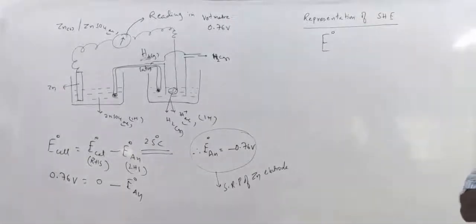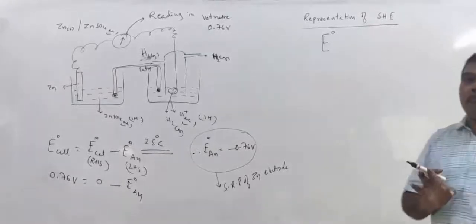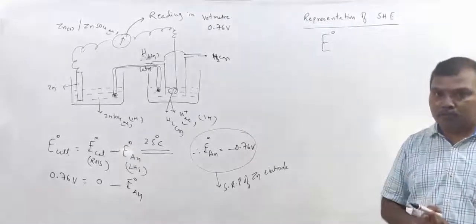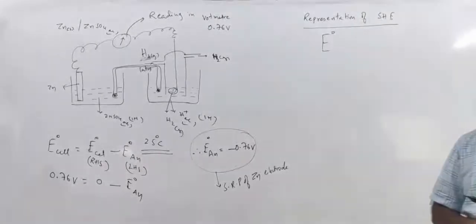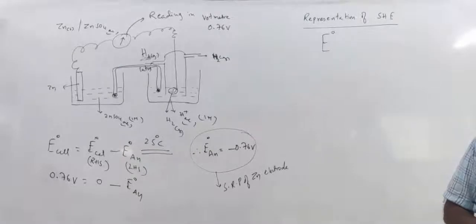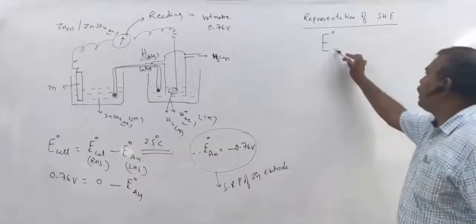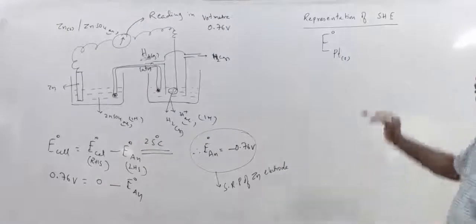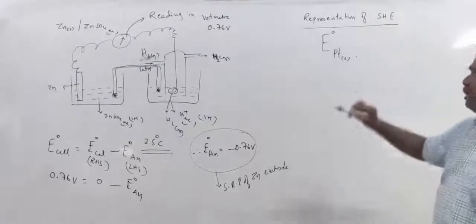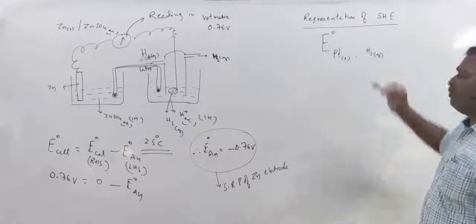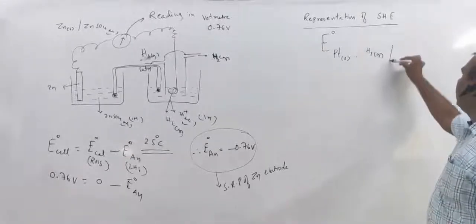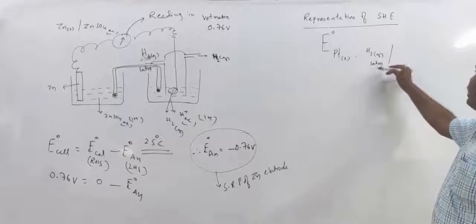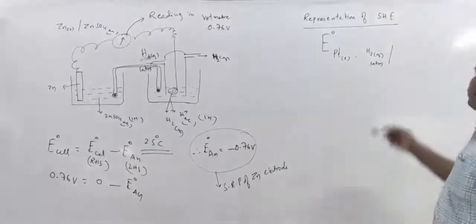Remember, always write the medium used, because it is a non-metal, gaseous electrode. So for gaseous electrodes, medium is required. That medium is platinum, which you have to mention. Platinum solid, for contact, hydrogen gas at 1 atmosphere pressure.